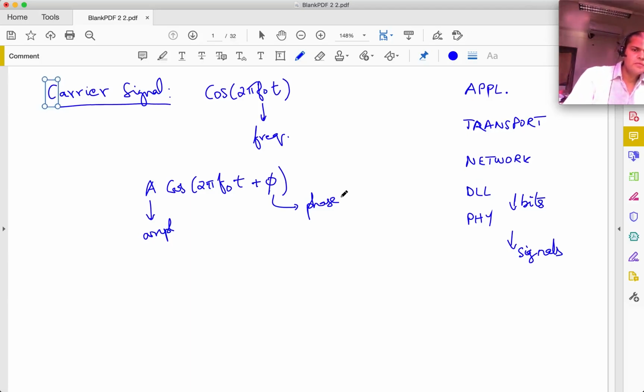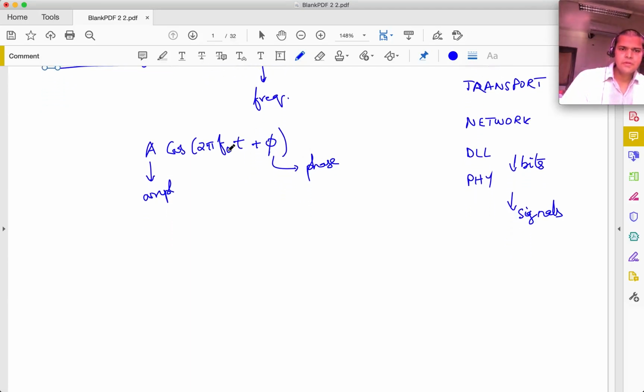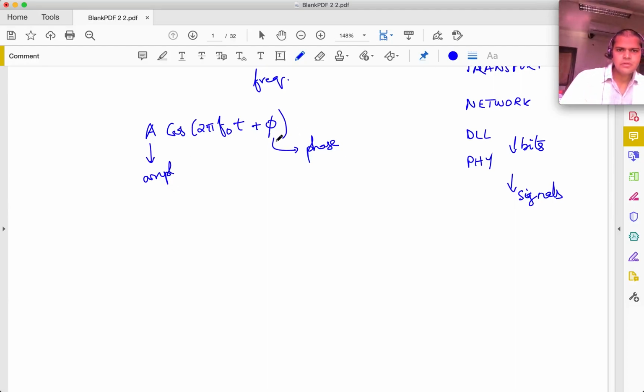And of course, it's possible to even vary the frequency, but most modern wireless communication systems, high-speed data communication systems, will not change the frequency as such. So basically, what we would do is we would just change the amplitude and the phase. Of course, there are things like FM radio, where you actually change the frequency itself.